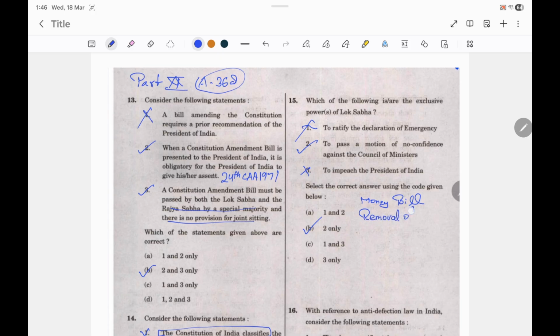Special demand for grants are discussed in Lok Sabha only. Adjournment motion, censure motions, these are also the exclusive powers of Lok Sabha. Now, tell me in the comment section what are the exclusive powers of Rajya Sabha.